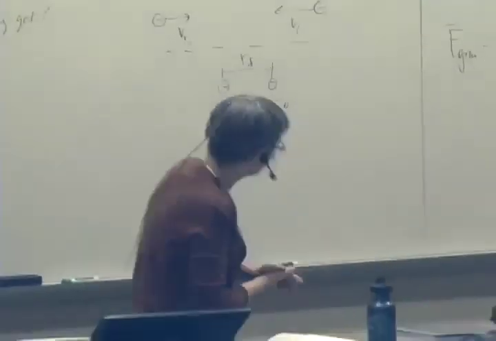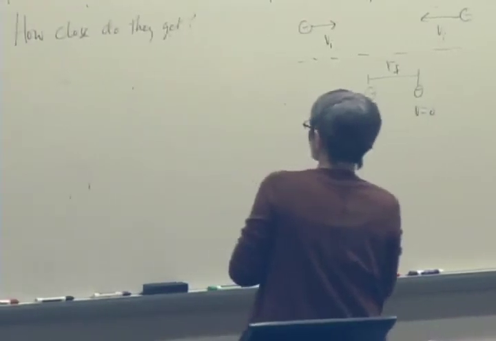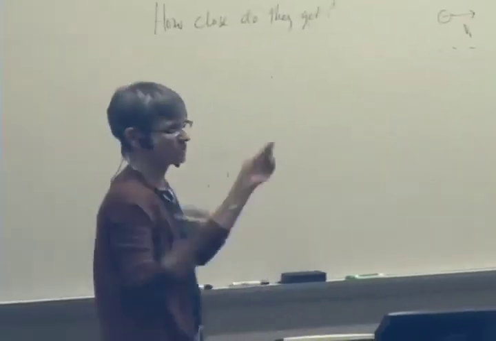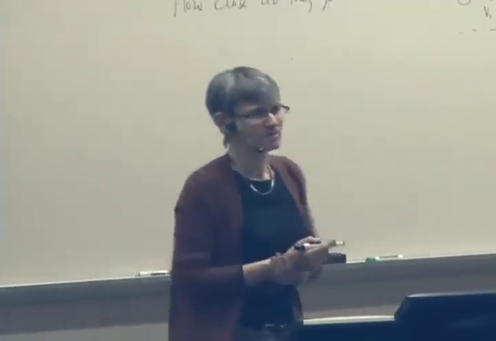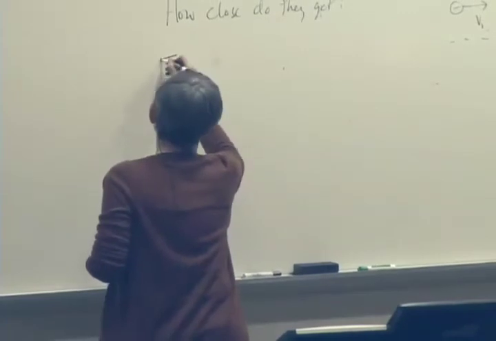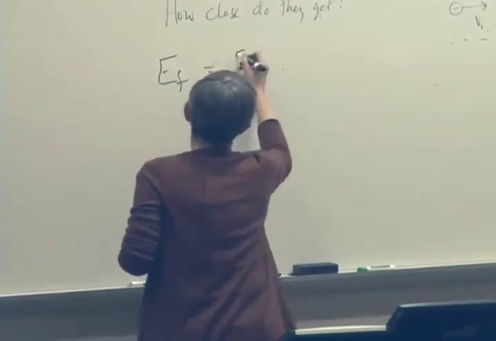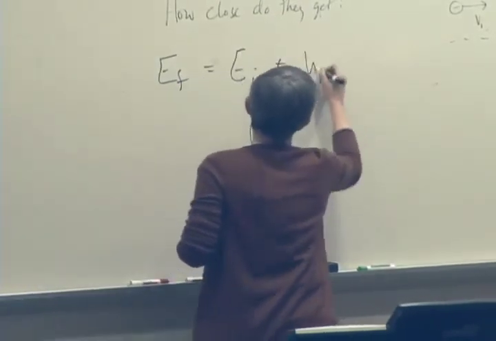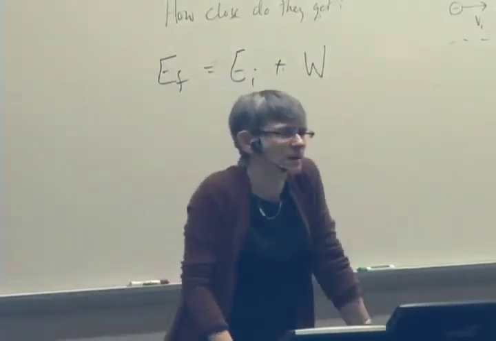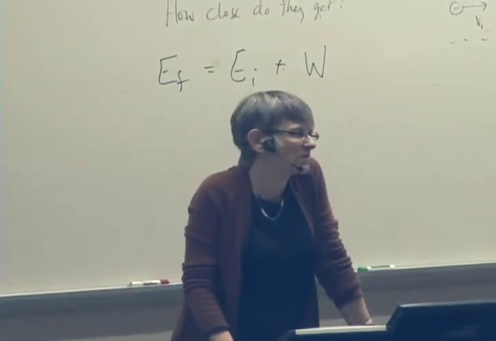Okay, so I guess we start by writing the energy principle because we've got 2 positions. So we're going to write E final is E initial plus work, and now we have to pick a system. So what are we going to pick? Yeah, it's nice to pick them both.